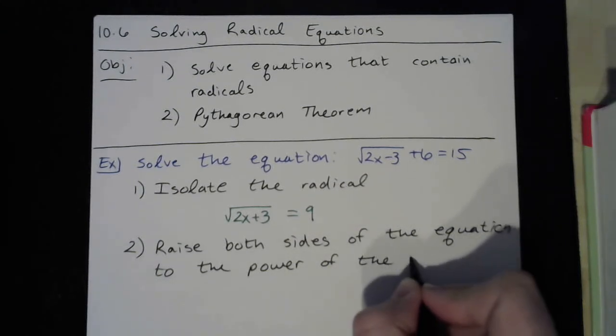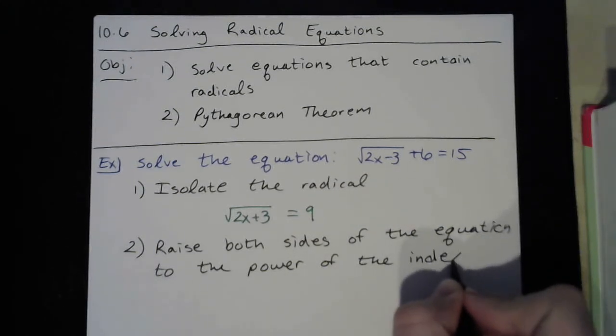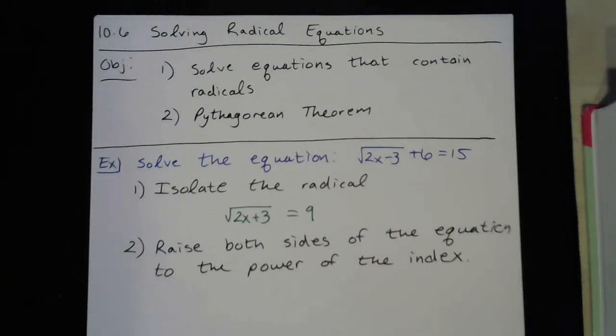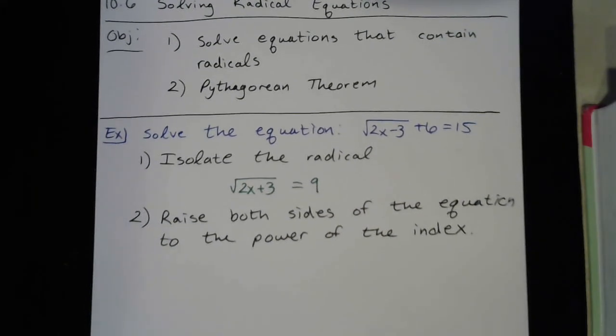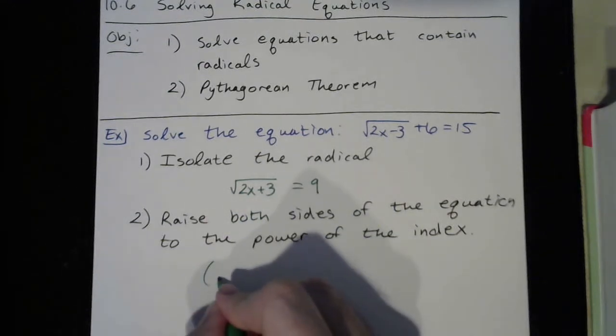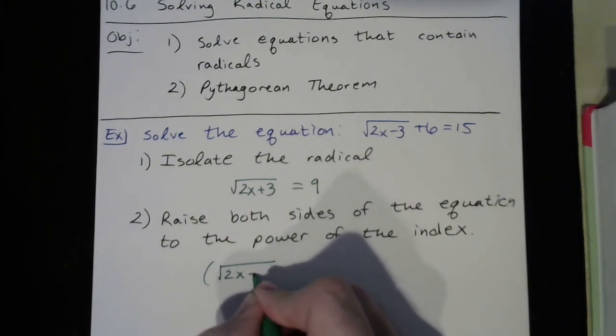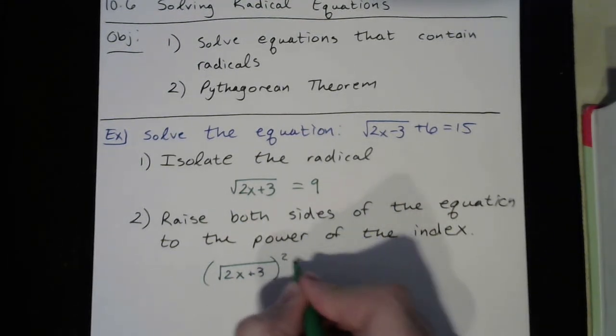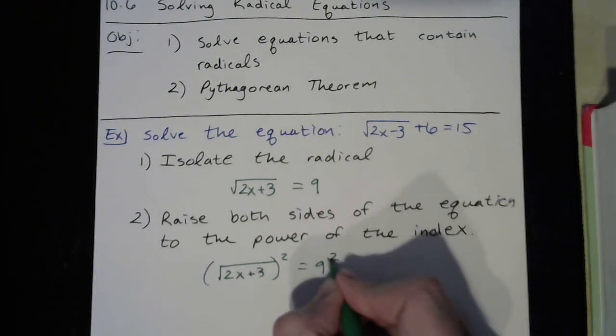For our case, our index is 2 because this is the square root. If you have a cube root, you'd raise both sides to the third power. If you had a fourth root, the fourth power, and so on. And the idea being, when we square this, 2x plus 3 squared equals 9 squared.